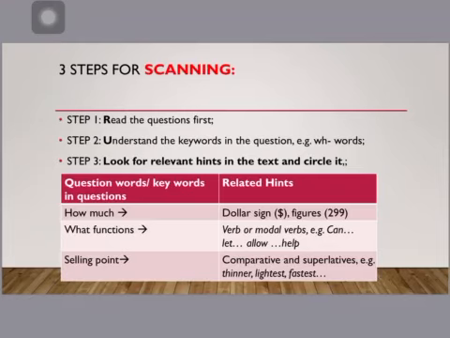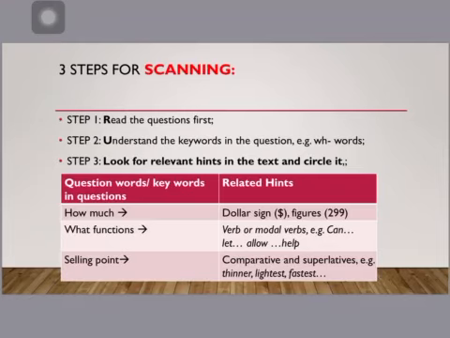Another example: if the question is asking, in step 2, keywords what function, then in step 3 the relevant hints you should look for will be verbs, because function means something that it can do. So there will be modal verbs like can, or other verbs like let, allowed, or help you do something.